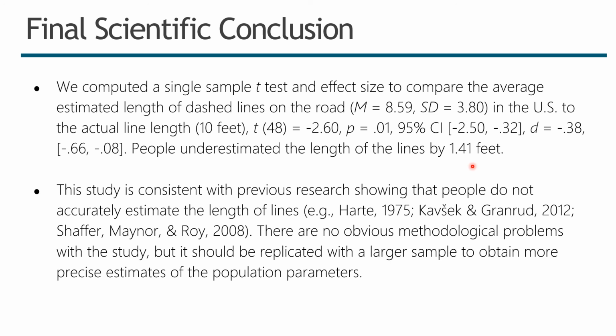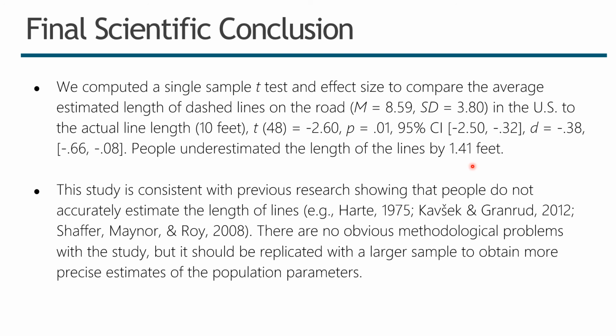In terms of previous research, we cited at the beginning some previous research showing that people do not accurately estimate the length of lines. So we just state that our results are consistent with that existing research, which makes us more confident in them to the extent that they fit with what we already know about this area. And we don't know of any obvious methodological problems with the study.